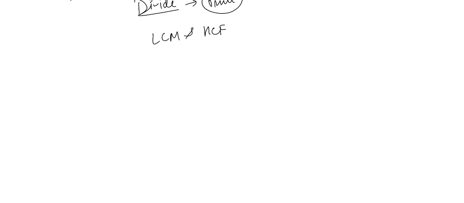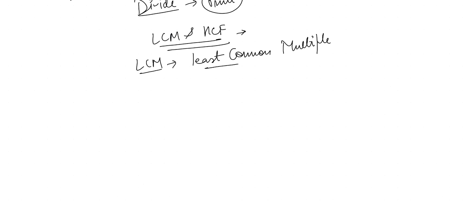LCM by definition means, what is the literal meaning? Least common multiple. So let's take 2, 3 numbers randomly. Let's say 24, 36, and let's say 80. Any numbers randomly.